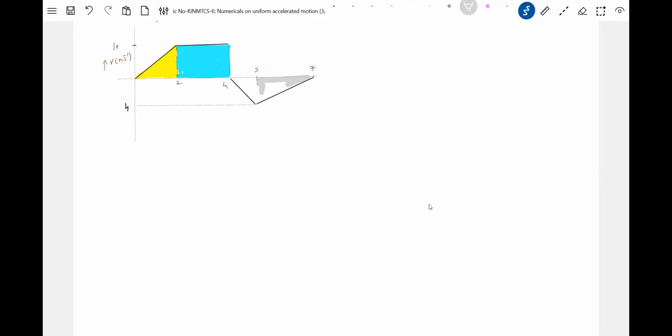Okay, some rough shading is what I meant. Let's see that. What is the x-axis? The x-axis is t in seconds. This is velocity and this is time.